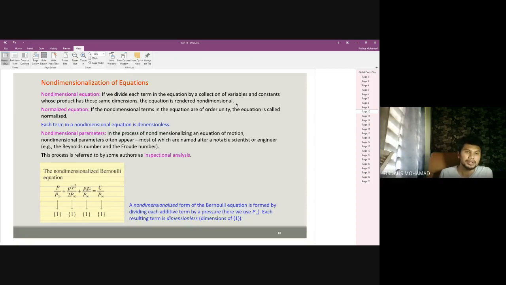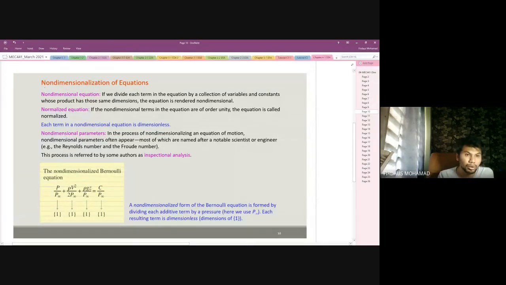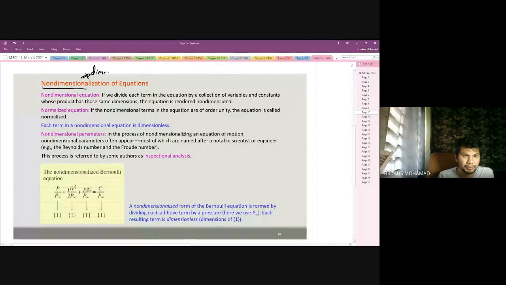Biasanya kita kena compare in term of non-dimensional punya analysis. Non-dimensional ni maknanya apa? No unit, ataupun kita panggil dia dimensionless.